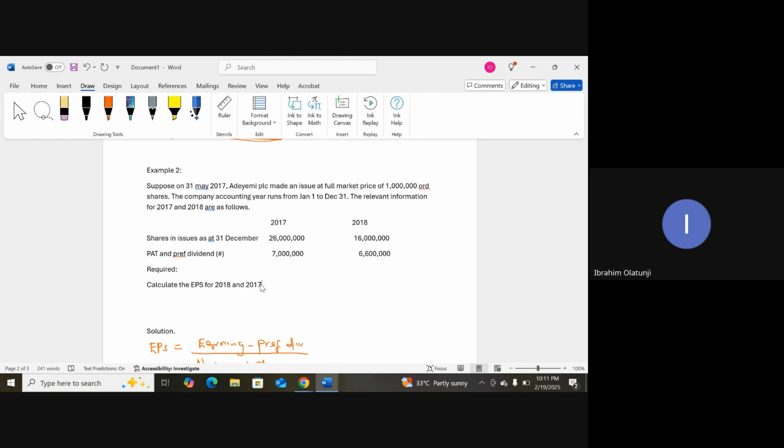That is, you are calculating EPS for 2018 and the corresponding figure for 2017.